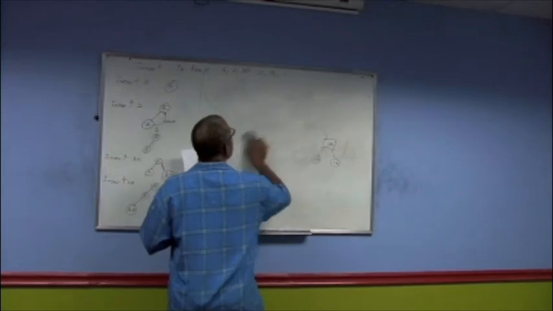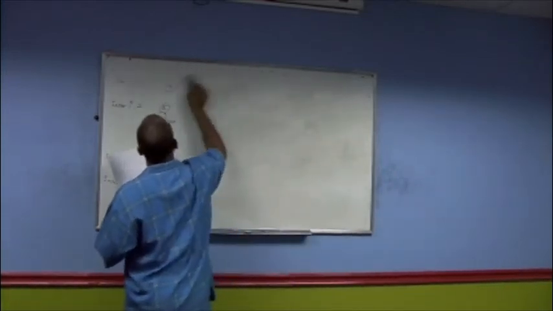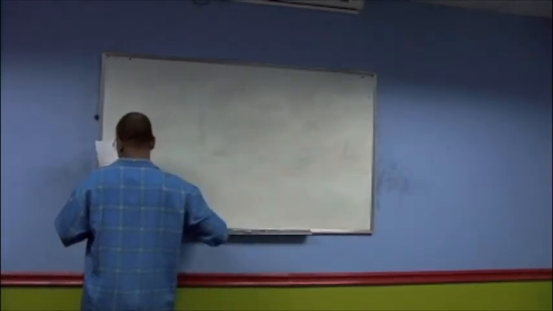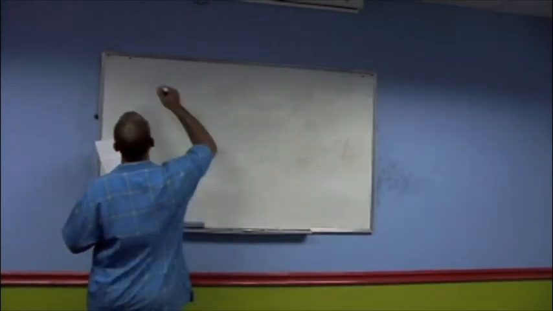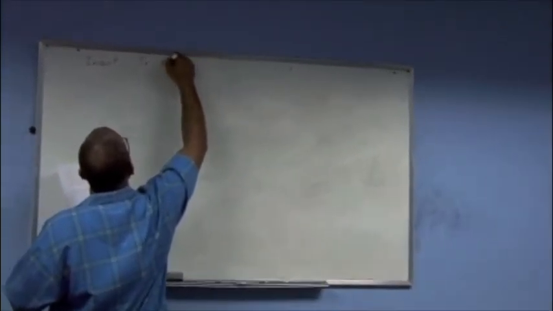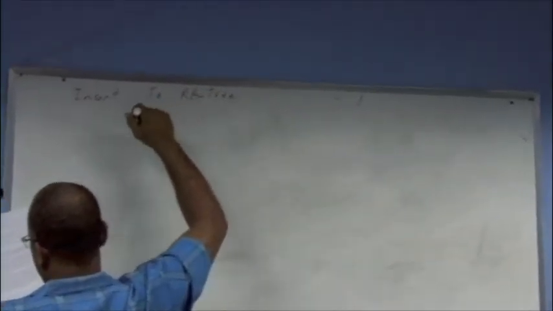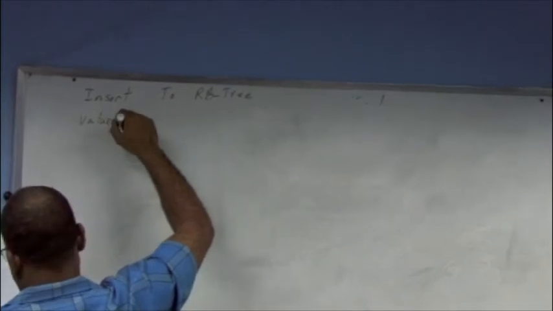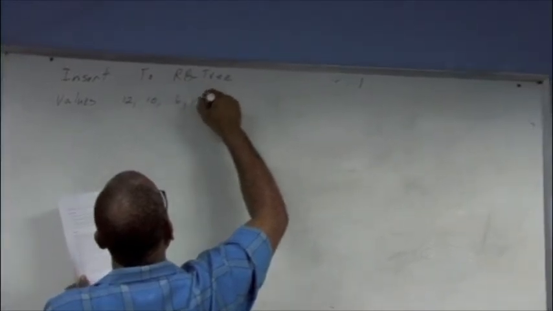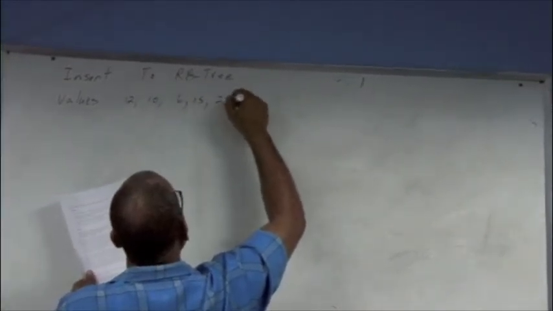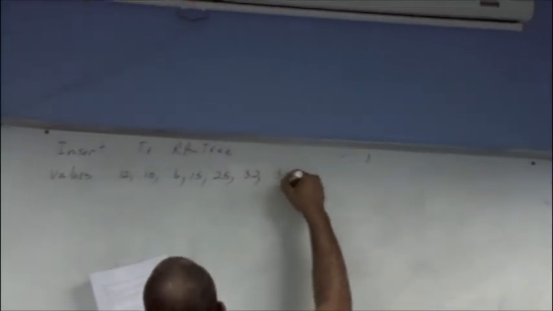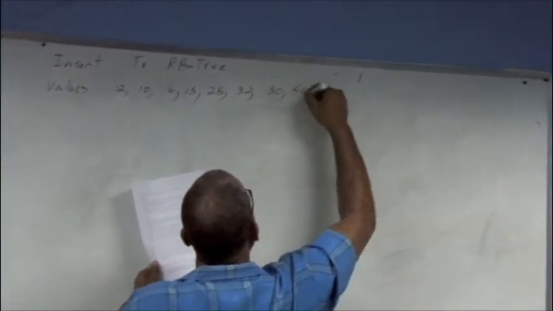Now, we're asked to do some inserts into an RB tree. We're asked to insert the values 12, 10, 6, 15, 25, 32, 30, 50, 52.